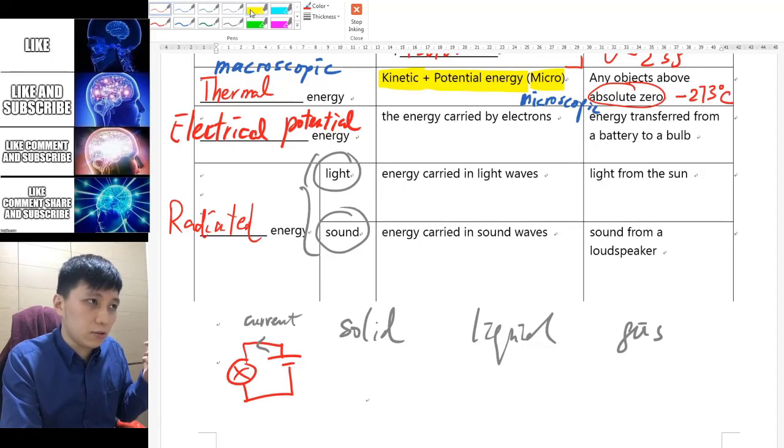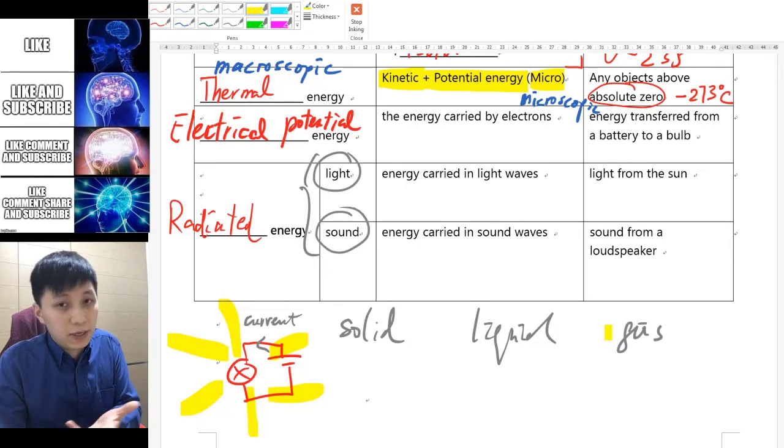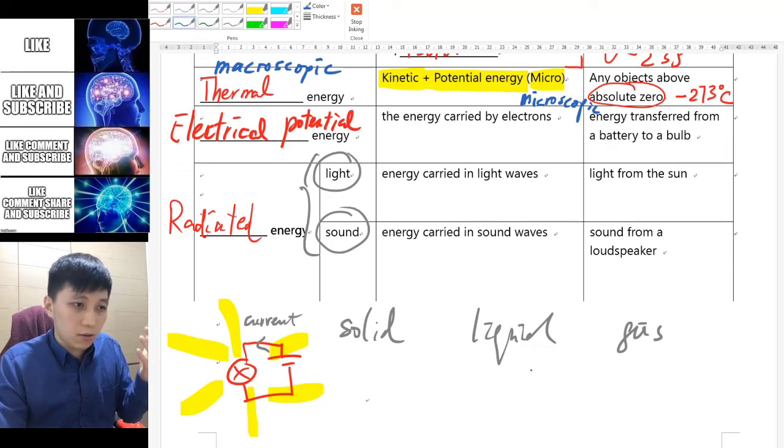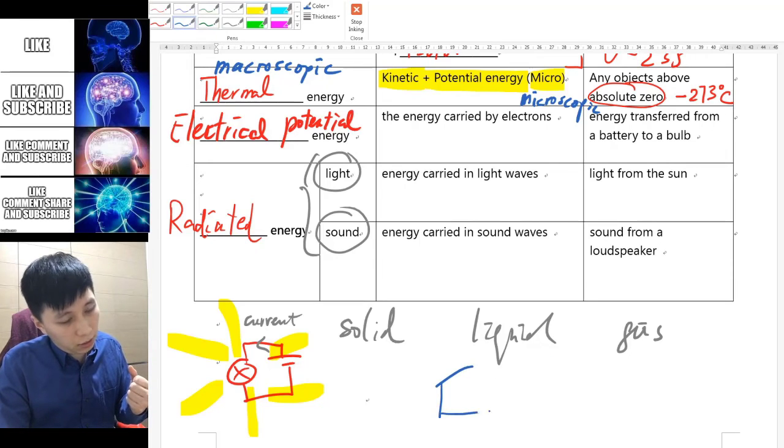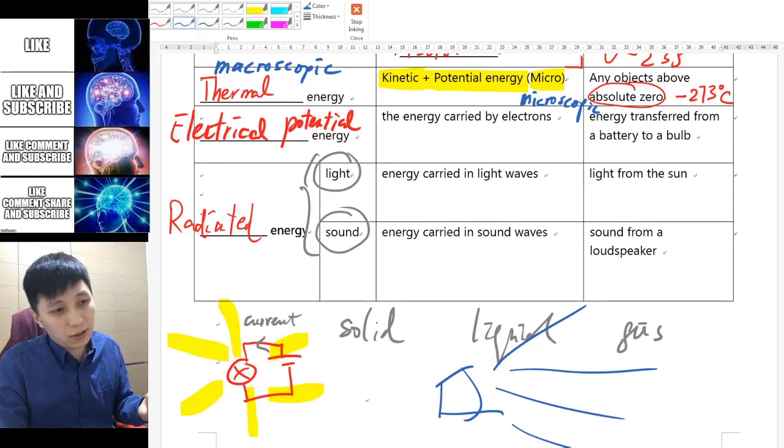When you switch it on, it goes in all directions, right? Same as your loudspeaker right now, the sound is going in all directions. I don't know how to draw, but let's say this is the loudspeaker, it goes in all directions. That's why we call them radiated energy.